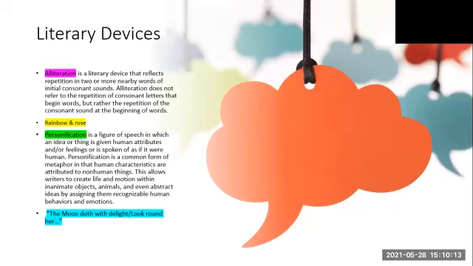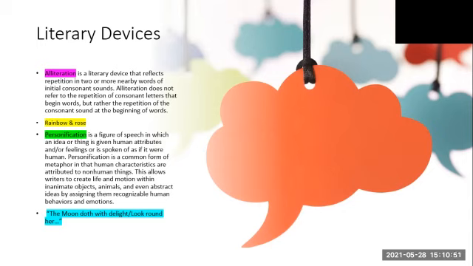Let's look at some of the literary devices we have mentioned. We talked about alliteration in rainbow and rose. What is alliteration? Because sometimes you tend to think that alliteration is just two words beginning with the same letter. No, that's wrong. Alliteration is a literary device that reflects repetition in two or more, it could be more than two, nearby words of initial consonant sounds.